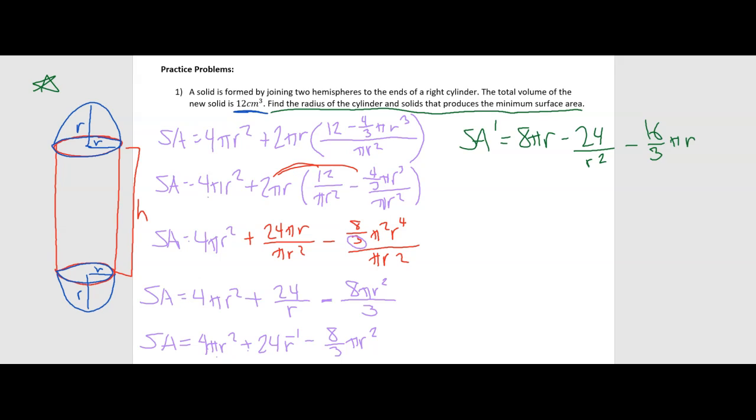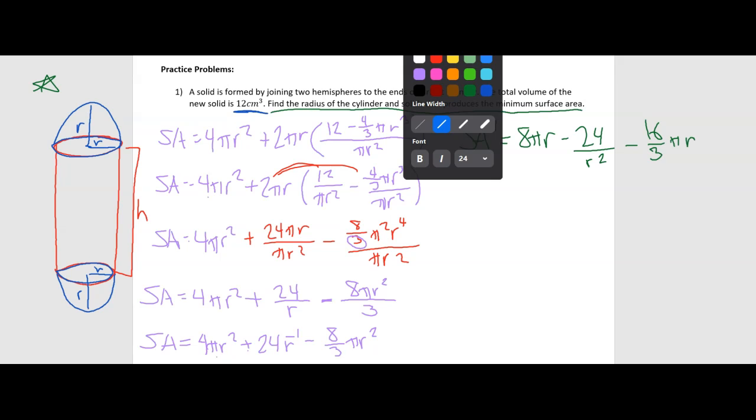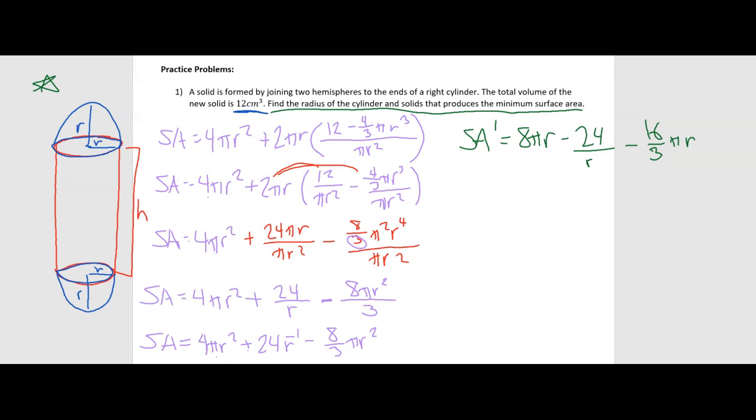Now again, this is going to be a calculator problem, so once you have your derivative equation, that can go straight into your y equals, and you can just look for where the zeros are. I guess I should clarify, this derivative is undefined when r is equal to 0, right? Because then I would have a 0 in my denominator, but if we had a radius of 0, we wouldn't have a solid at all, right?